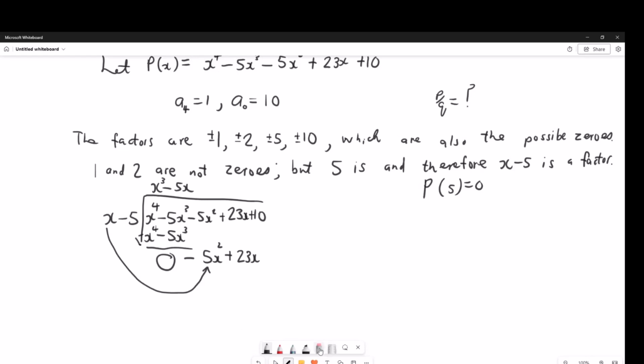Again, I do the multiplication. So x times minus 5x is minus 5x squared, and minus 5 times minus 5 is plus 25.